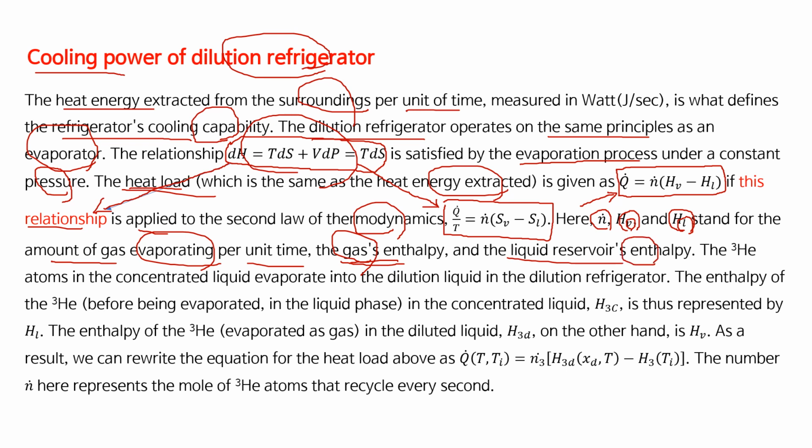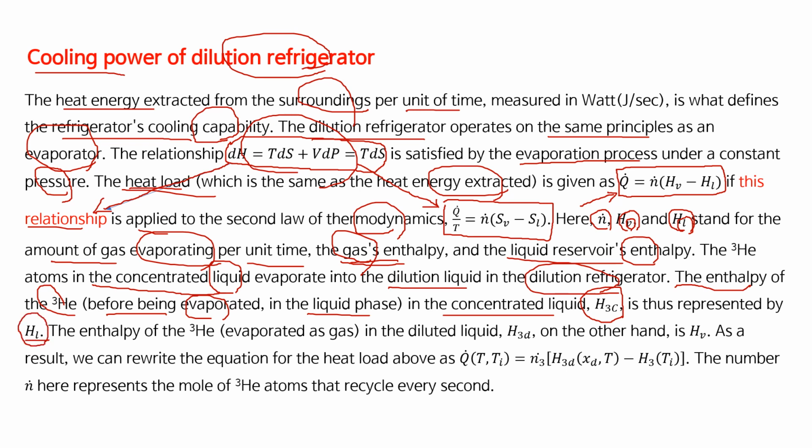The helium-3 atoms in the concentrated liquid evaporate into the dilute liquid in the dilution refrigerator. The enthalpy of the helium-3 before being evaporated, that is in the liquid phase in the concentrated liquid, H3C, is thus represented by HL.